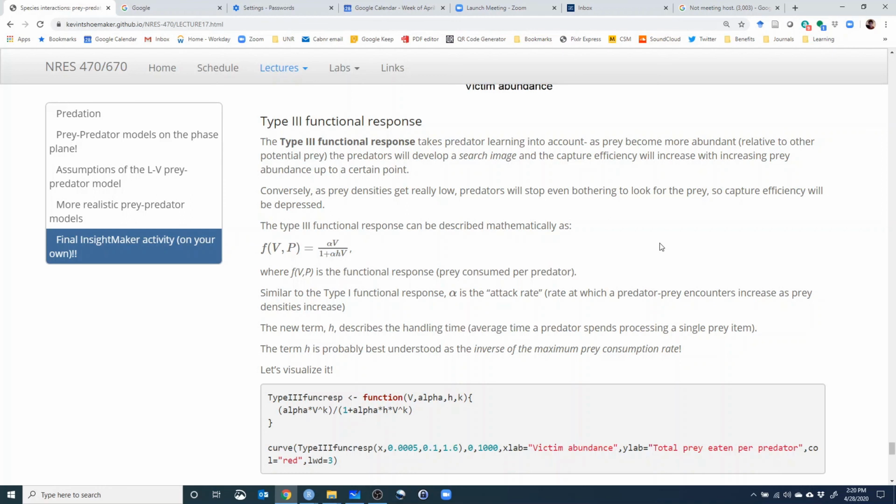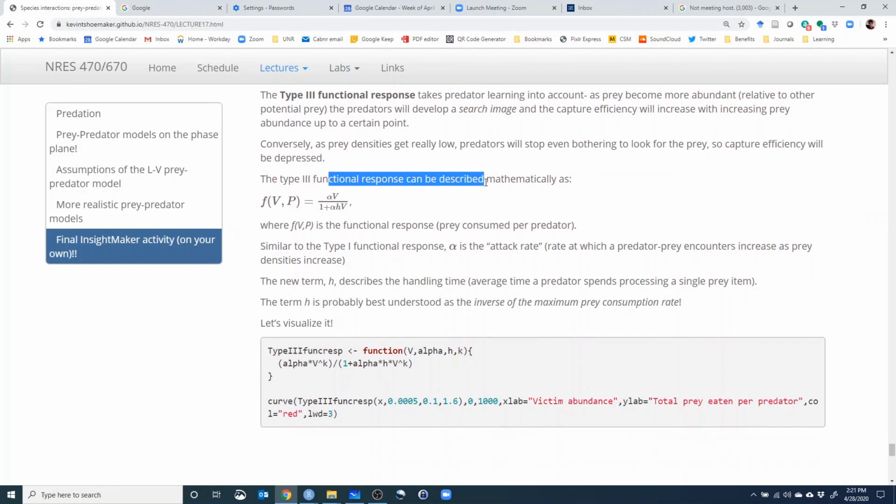They might develop a search image, and their capture efficiency for that prey will increase with increasing prey abundance. Alternatively, as the prey densities get lower and lower, the predators will decide not to bother looking for the prey, so they will end up switching, and capture efficiency will go down because they won't be looking for those prey items anymore. We can describe the type 3 functional response mathematically using this formula.